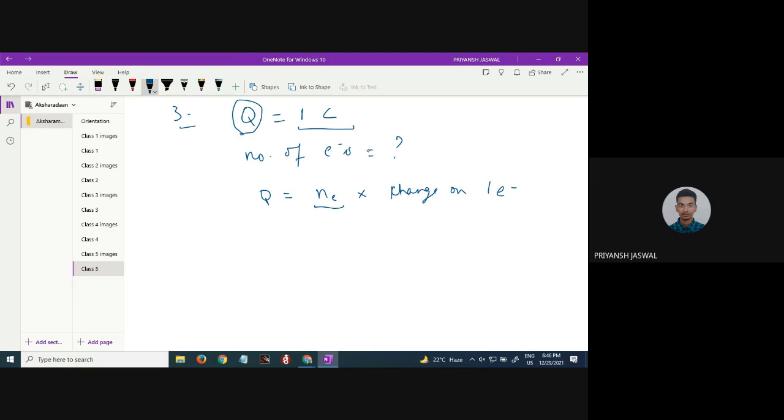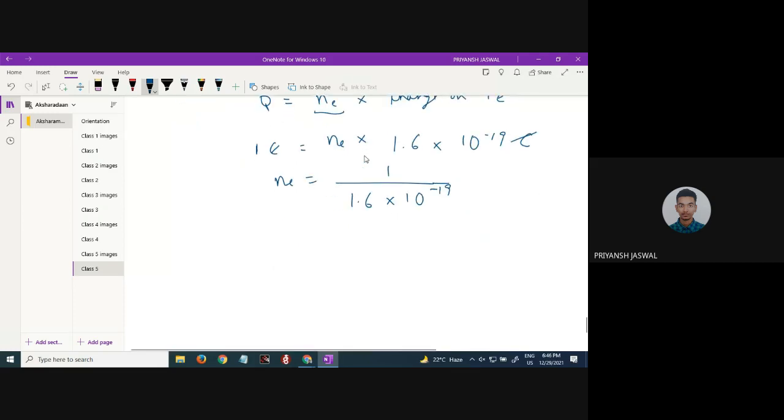So here we are given that charge is 1 coulomb, and we know charge on one electron is 1.6 into 10 to power minus 19 coulomb. So coulomb cancels. So Ne will become 1 by 1.6 into 10 to power minus 19. It will go above and become 10 to power 19 by 1.6.